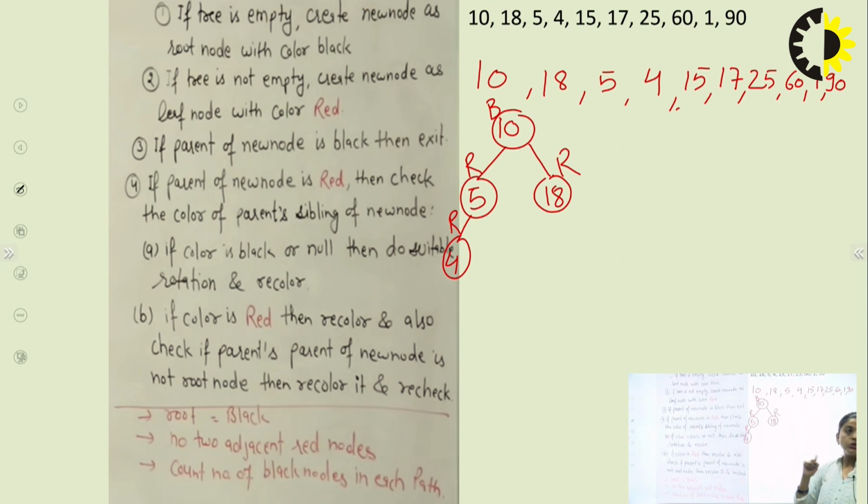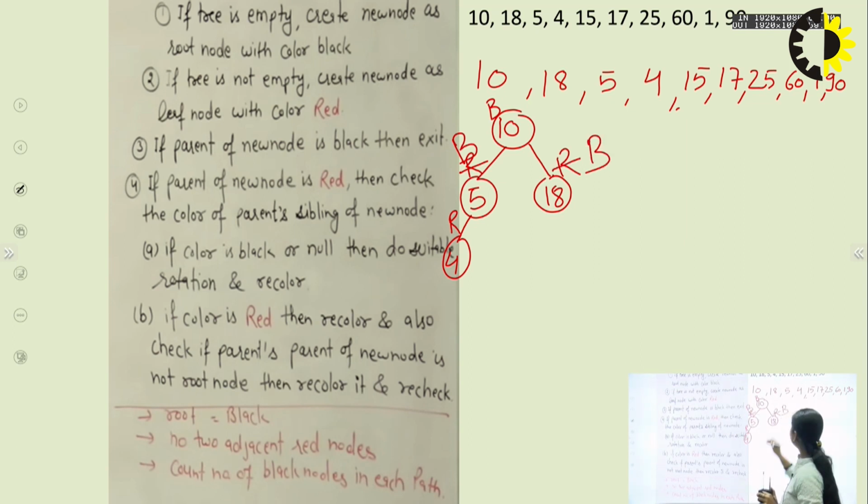Then also check that the parent's parent is not a root node. So firstly, if the color is red, then recolor. Means parent and uncle, just recolor. So they become black. Right?